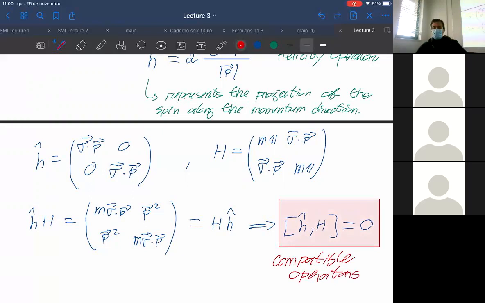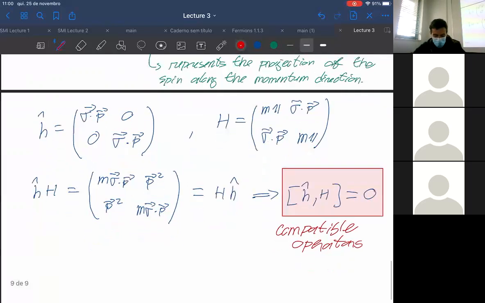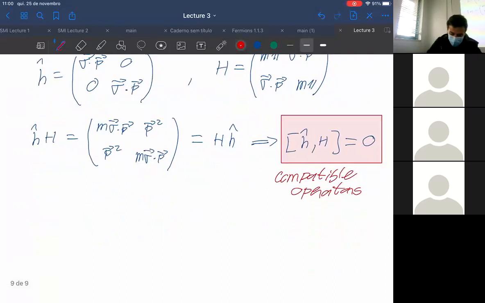Also, what are the eigenvalues of the helicity operator? It's an operator, so it must have eigenvalues. If you square it, you get something like 4, and I will already remove the 4's.